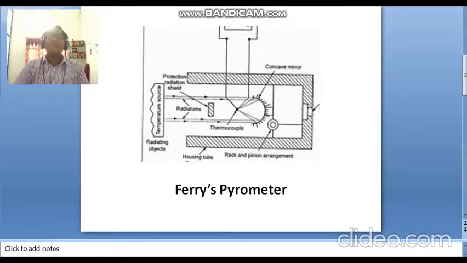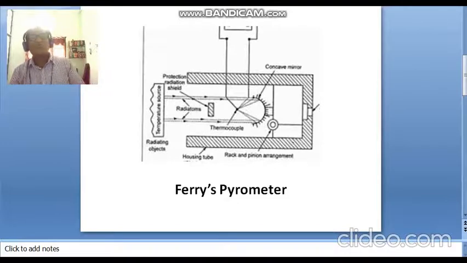If you observe the construction, Féry's pyrometer consists of a convex shaped glass. That glass has a small hole. One eyepiece is movable inside that hole, moving to and fro inside the concave mirror or concave surface.